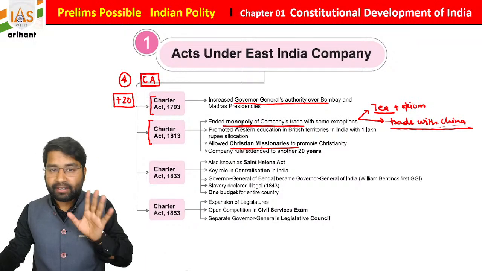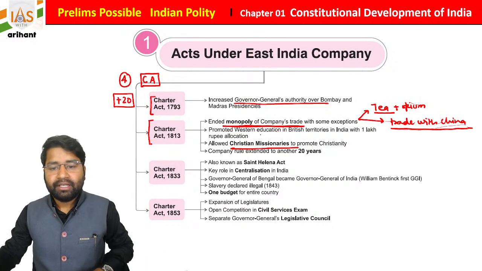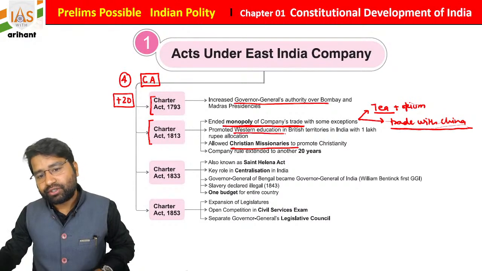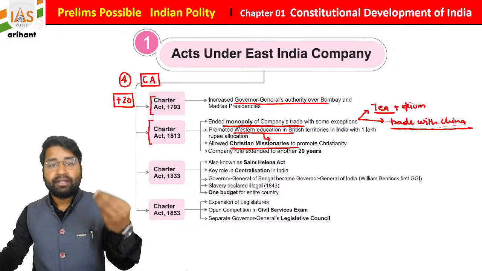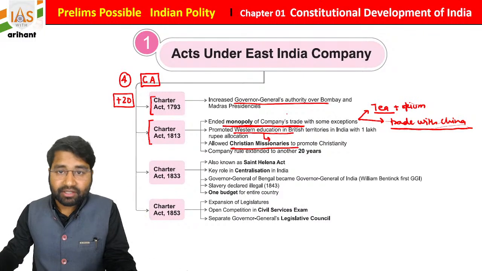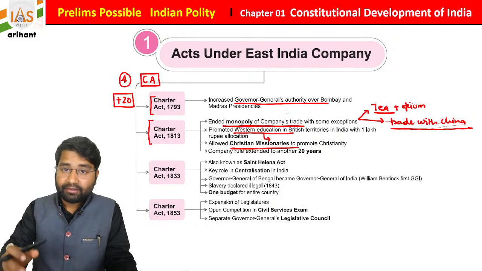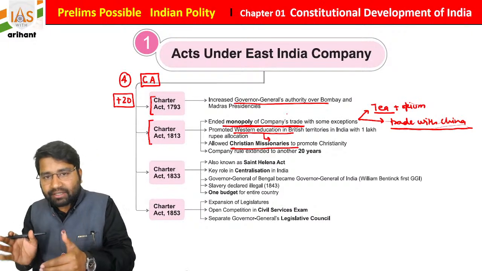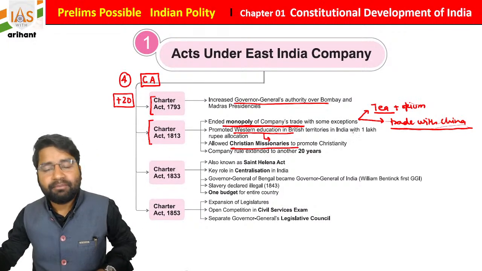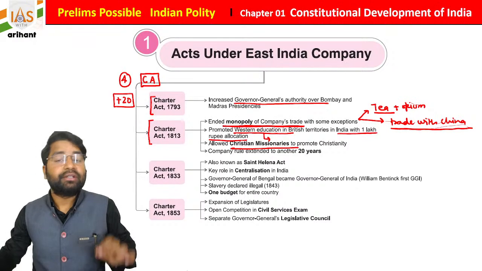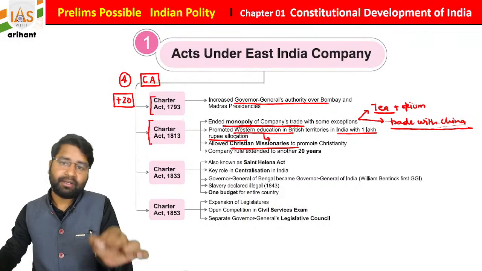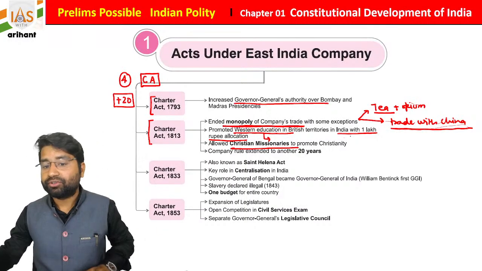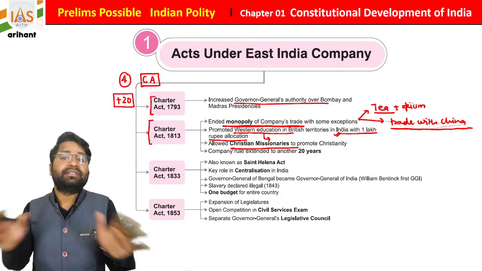To promote Western education, basically science, the English language, art and tech, they were trying to improve India, and for that purpose, students, you will see a 1 lakh rupee allocation was made compulsory for the British East India Company every year. This is a very important question, and it was asked in many examinations.